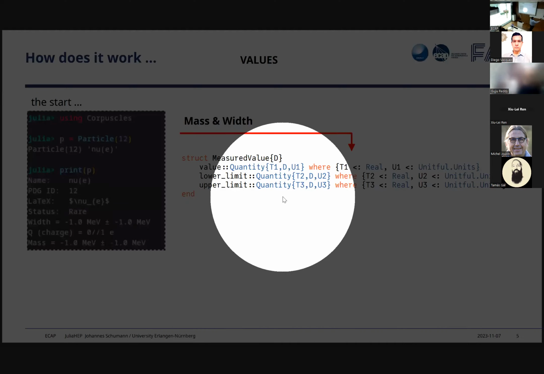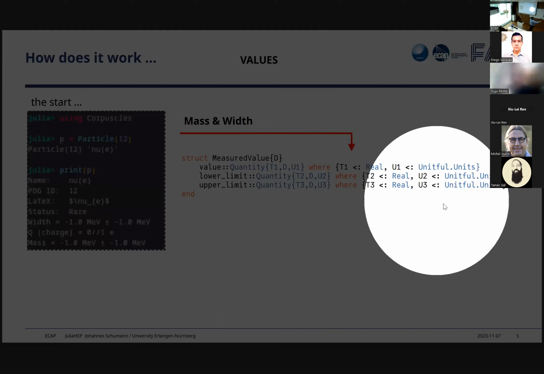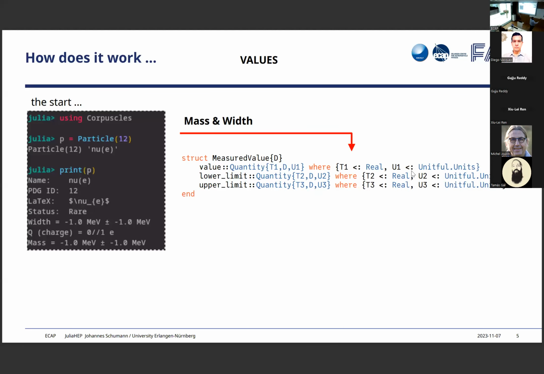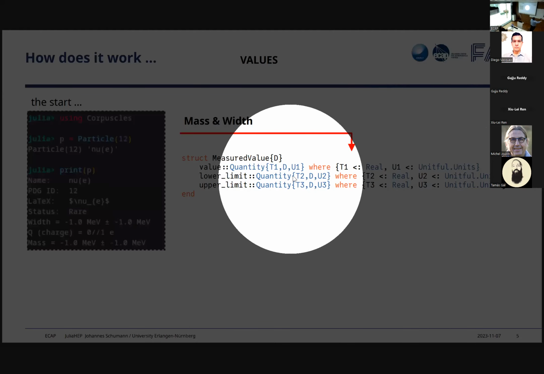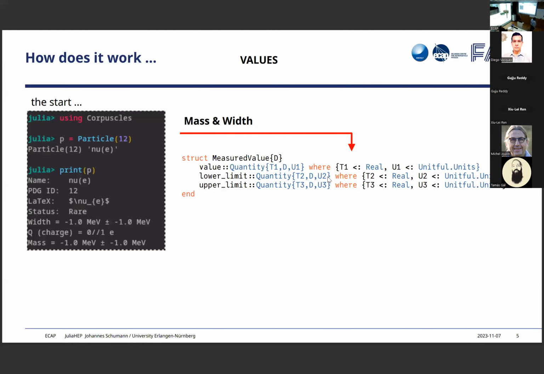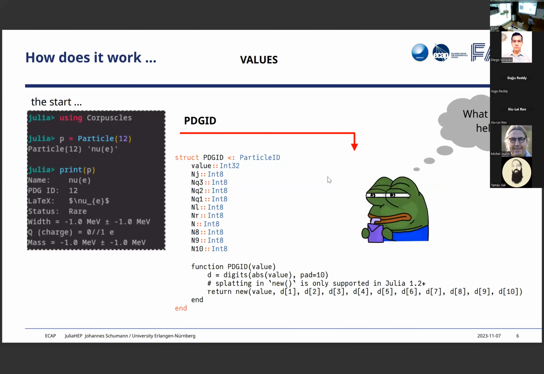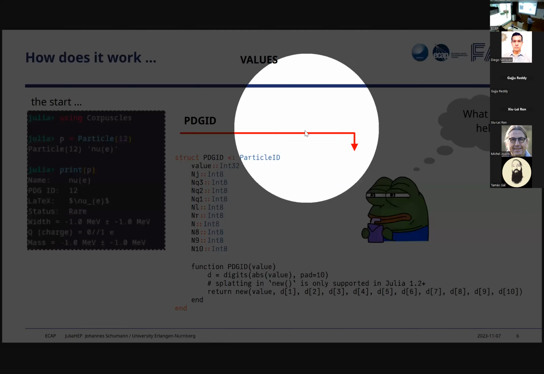And as I said, it's all given with Unitful, so you have here the quantity with its dimension and the Unitful unit, and so you can really be sure about what you get there. That's the first thing. And the other thing, when we come to a little bit of benchmarking later, that's also important to know what's happening there, because I think the Monte Carlo ID is basically an integer, and when you then look inside the code, you see this.